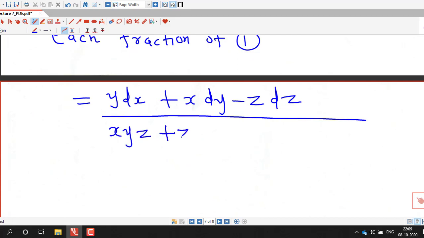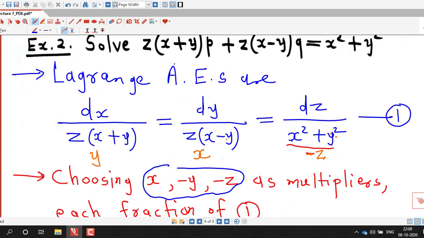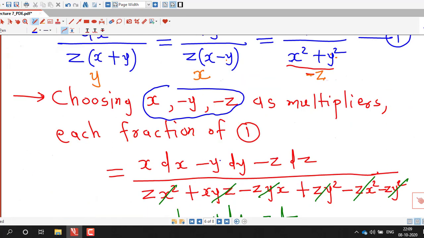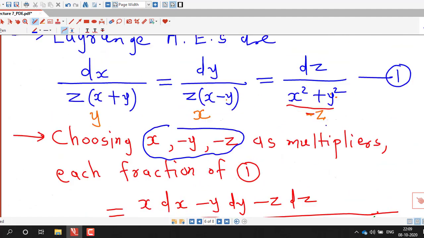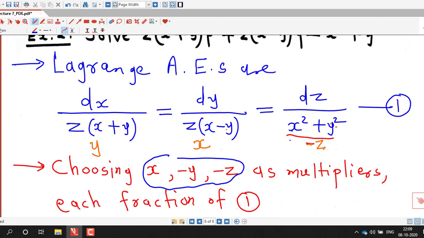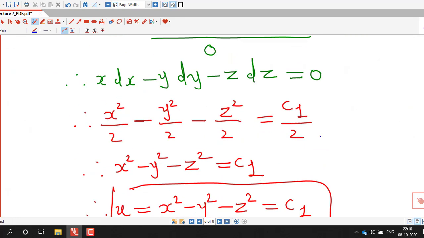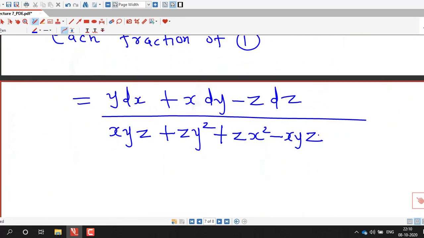Second is multiplied with x, so we will have z x square minus xyz. And the last fraction is multiplied with minus z, so it is minus x square z minus y square z.